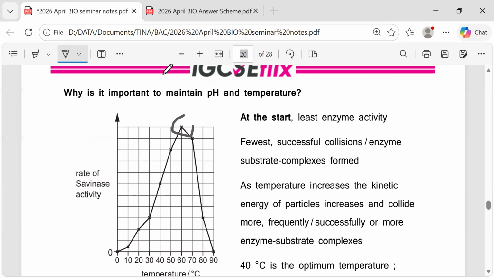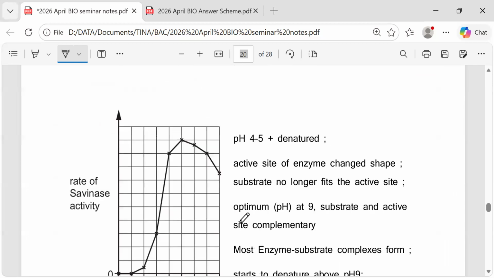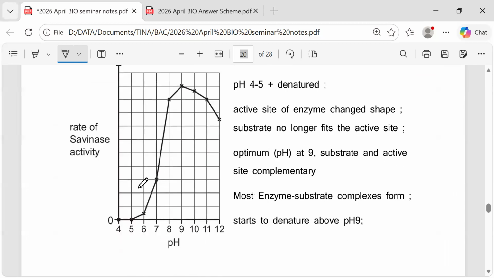Then at the top there's the optimum temperature. Above that, enzymes denature because the active site changes shape and the substrate no longer fits. The optimal pH is 9 for this question. Extreme pH also denatures.